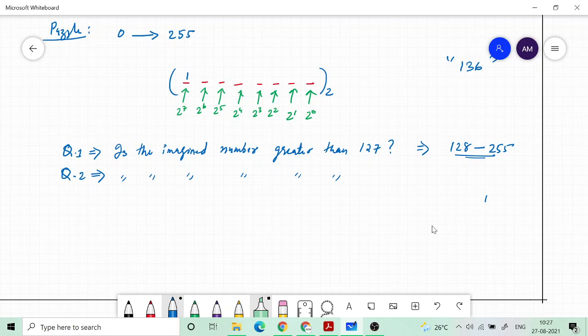Sir, is it greater than 191? Greater than 191. So how did you get 191? Yeah, 127 plus 64. So that is how you should ask. Is it greater than 191? And what is the answer if this is the number?